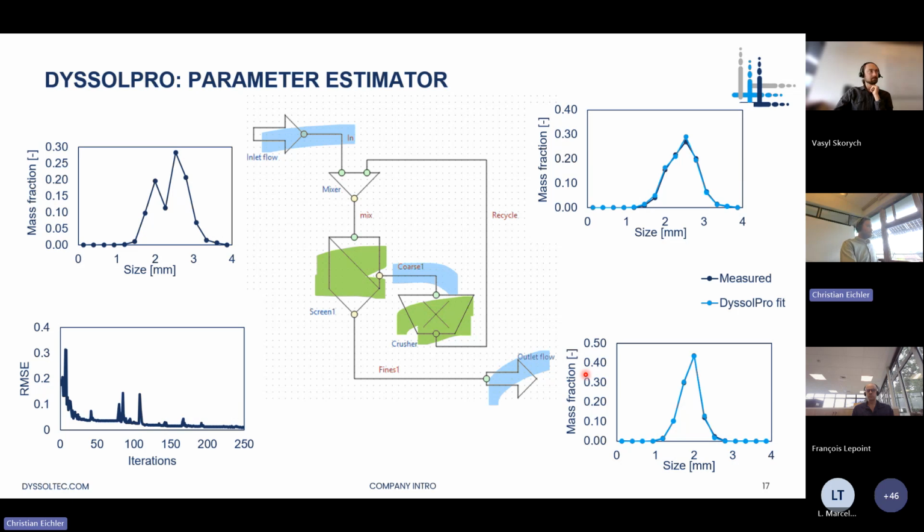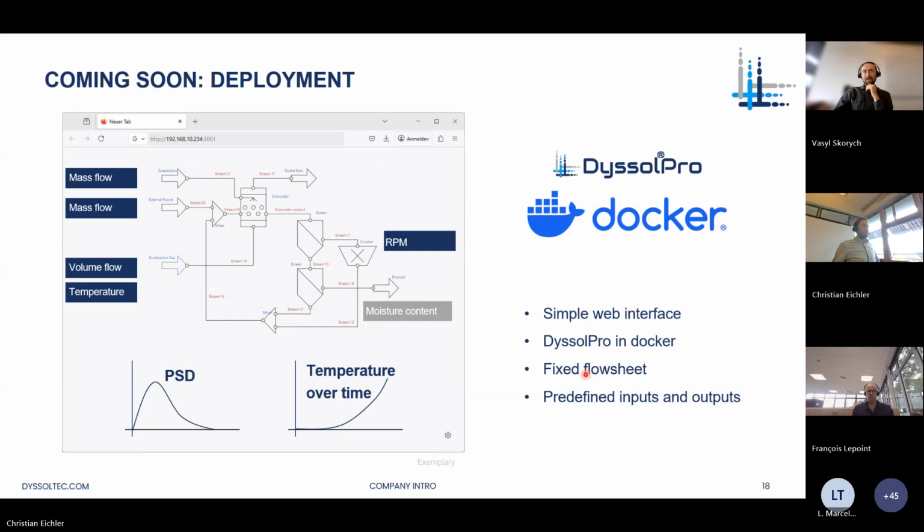In the next part, we'd like to show you very briefly the upcoming topics we are working on. One of those features we currently plan for next releases of Dyssolpro is the containerization of the program, which should speed up and simplify the introduction and adoption of the program by our clients. There are two main parts of this process.